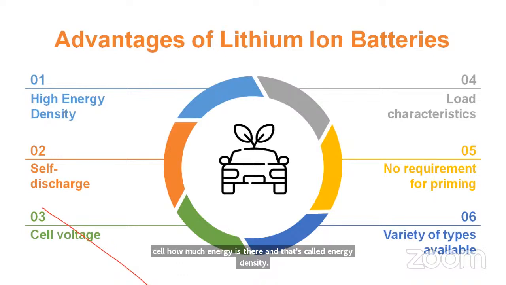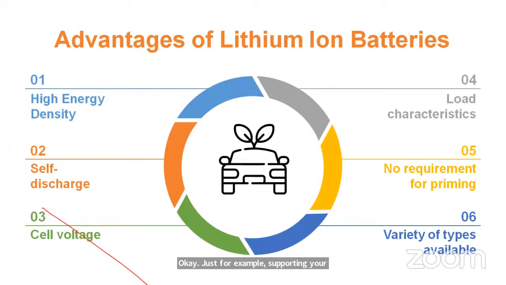Clear, everyone? Just for example, suppose in your mobile phone a 5000 mAh cell is there. Then what will be the energy in that cell? 5000 mAh, so it will be 5 Ah.